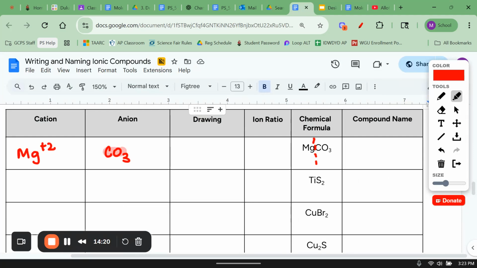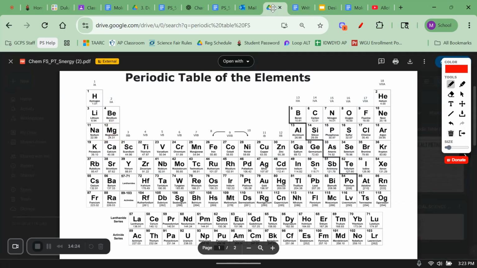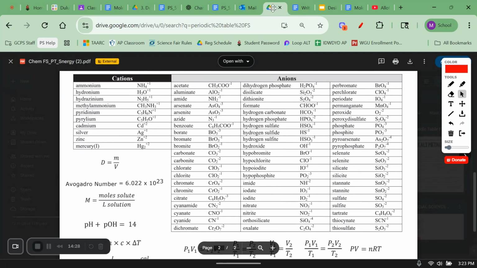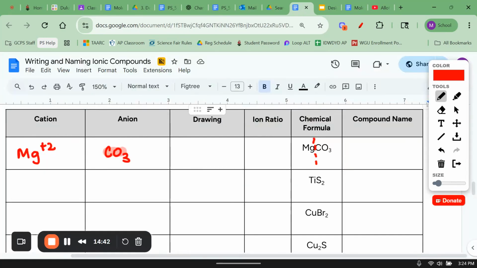CO3 is going to be a group of atoms, and so groups of atoms are found on the back of the periodic table. So we're going to go ahead and flip to our common ion table. We're going to look up our CO3 in the C section, and we can see that right here as carbonate. We're going to grab that ionic charge as -2 and write that in now.